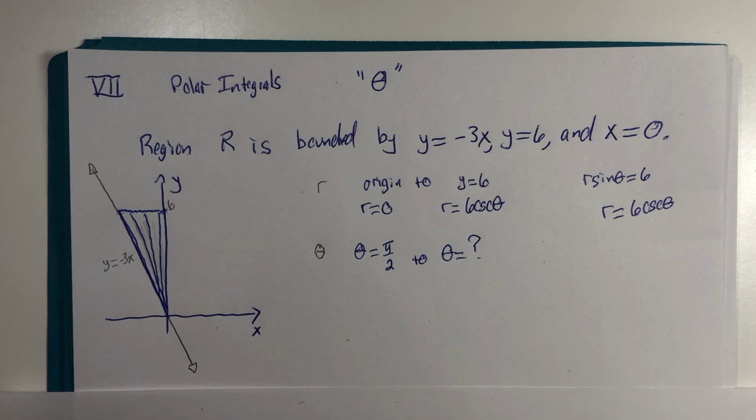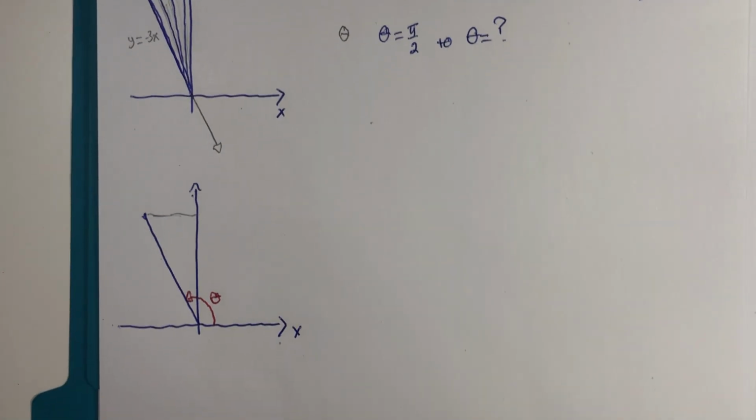So I can tell you now it's not going to be a multiple of pi over 4, pi over 6, or pi over 3. So I want to see what we can do with the tools that we are supposed to have.